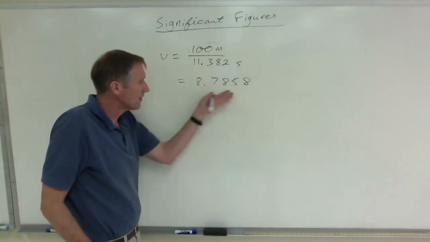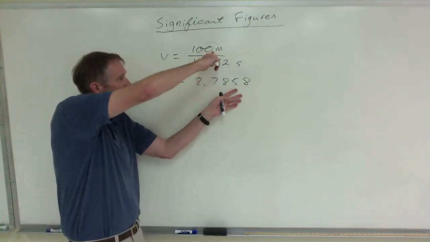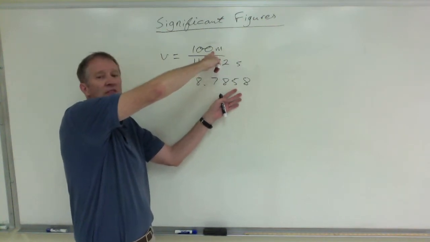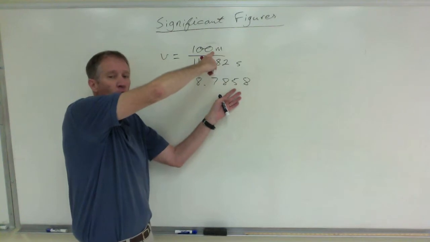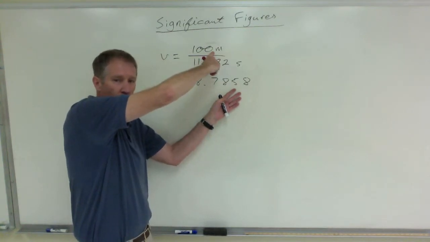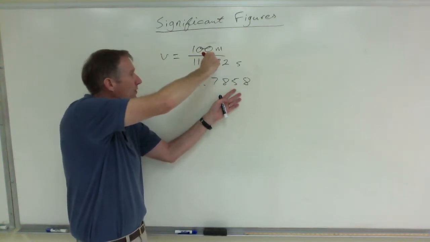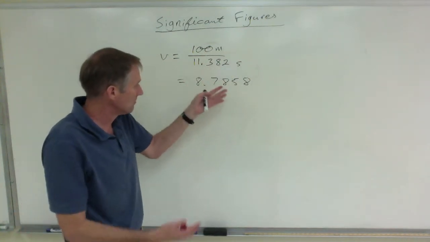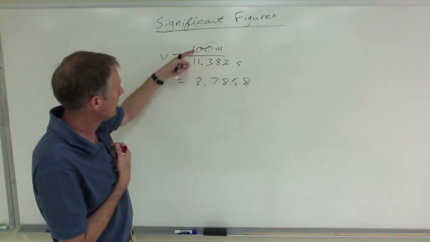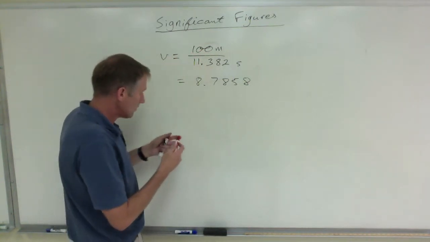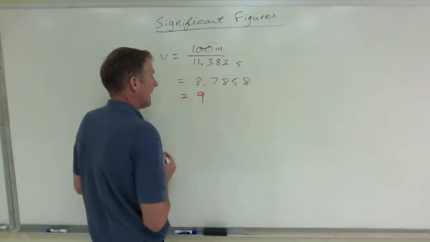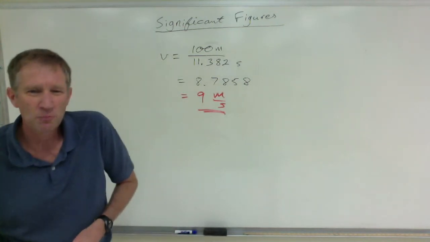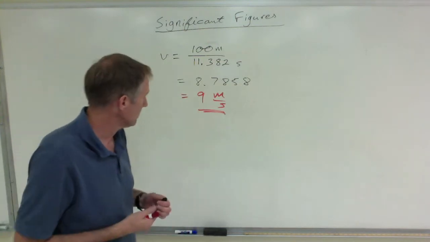No, because all this stuff is meaningless, because we don't know if that's 96, 95.5, 104.6. I don't know. All I know is that's roughly 100. So this is valid to that, 9 meters per second. That really bugs people, but that's correct, okay?